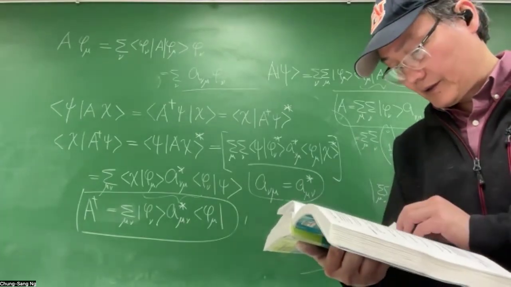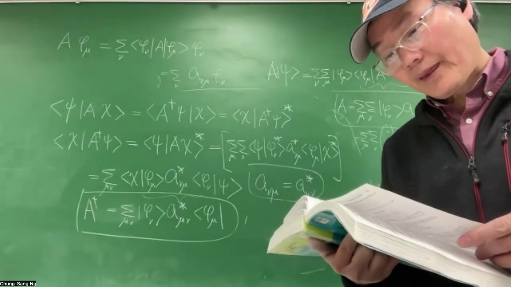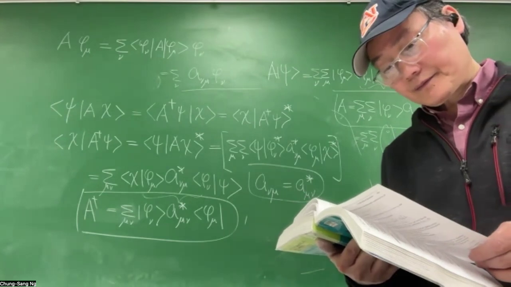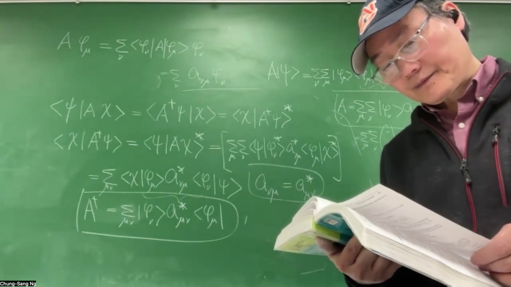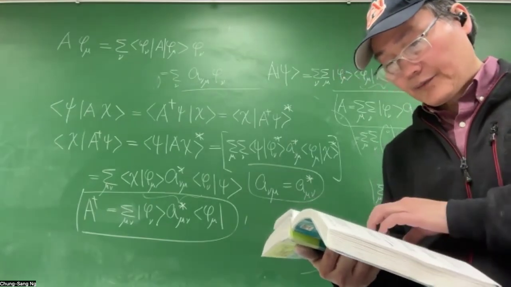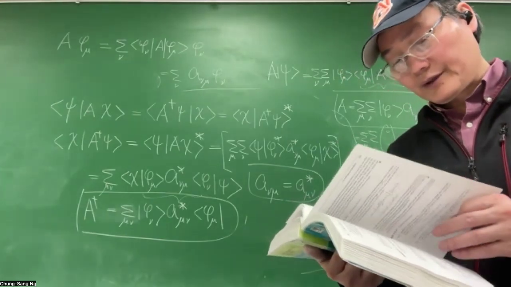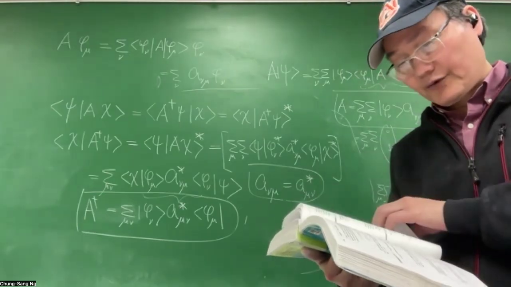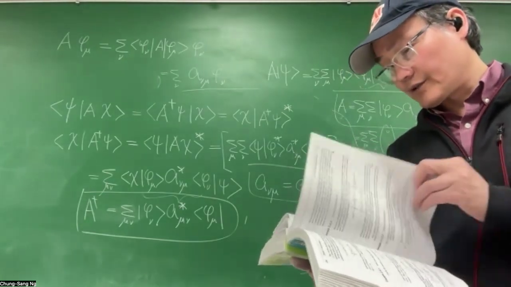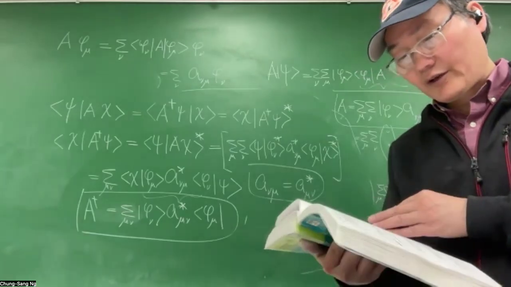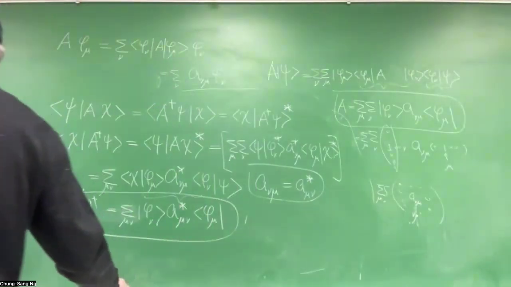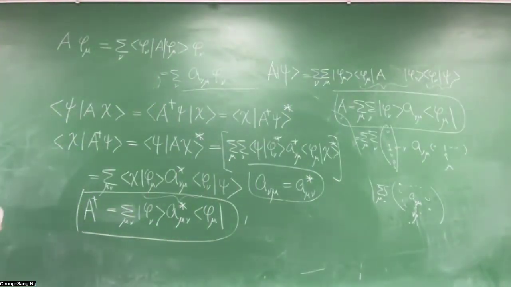This was the property of the adjoint operator or Hermitian operator that we'll talk about in the next chapter, I think about the eigenvalue problem. There are more important properties of self-adjoint Hermitian operators.